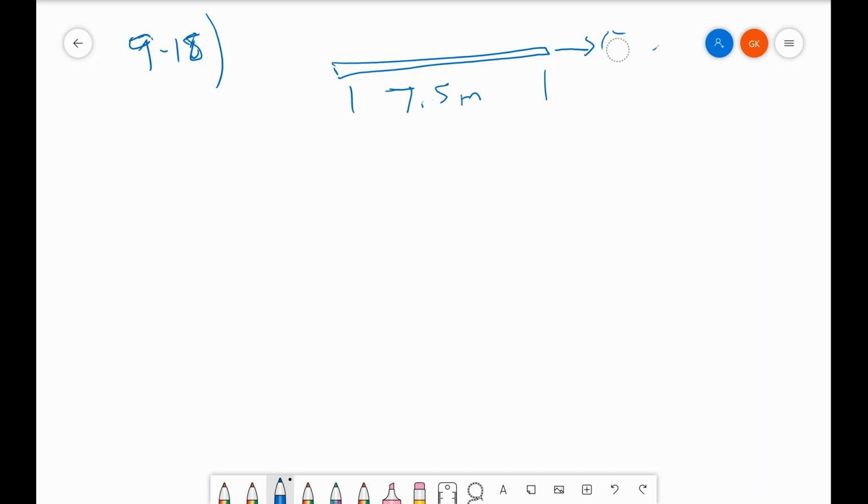Let me get my pen to work a little bit better. 6,700 newtons. There we go. The tensile stress in the wire must not exceed 138 megapascals.